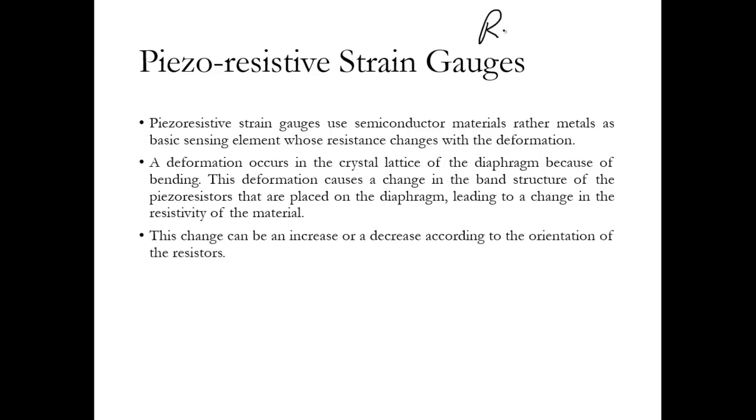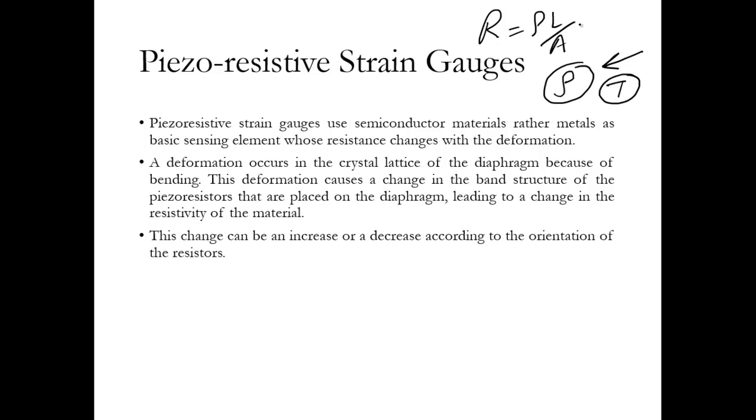We have R equals rho L by A. The piezoresistive, or the photoconductive, and even thermistors are more about the rho part. In thermistors we don't expect change in L and A. In the piezoresistive we don't expect change in L and A, and similarly in the photoconductive we don't expect change in L and A, but it's more about change in the rho, and they are temperature dependent.